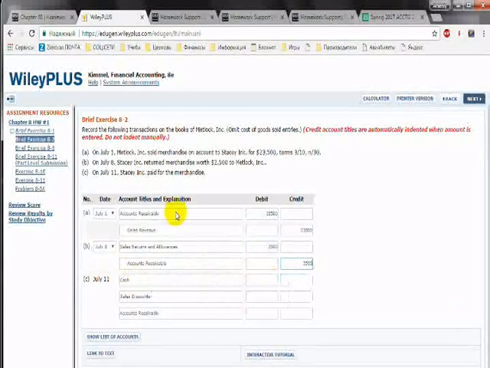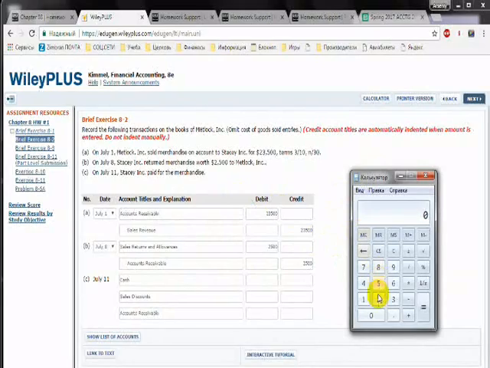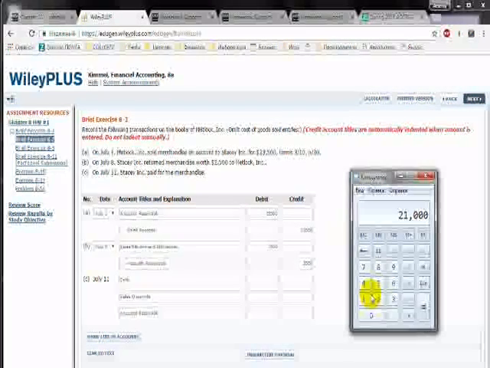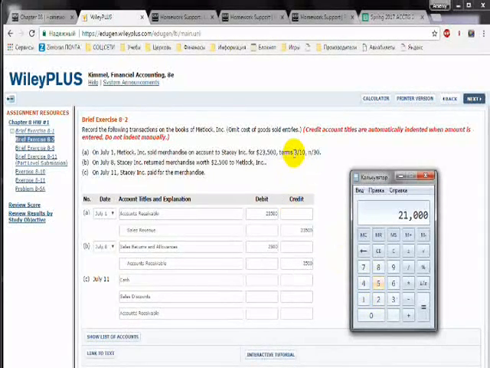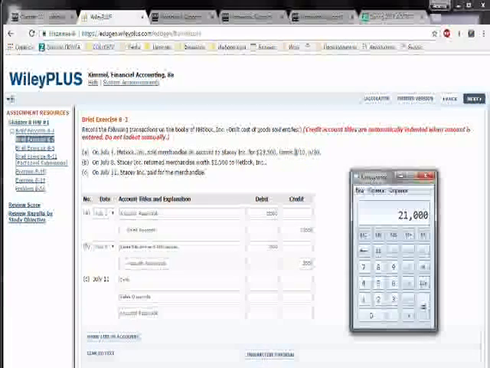What did they pay on July 11th? Let's see. They must have subtracted 2,500. This is the amount they needed to pay, yet there was a discount. If they pay within 10 days, and they're doing that, you need to subtract 3% more.